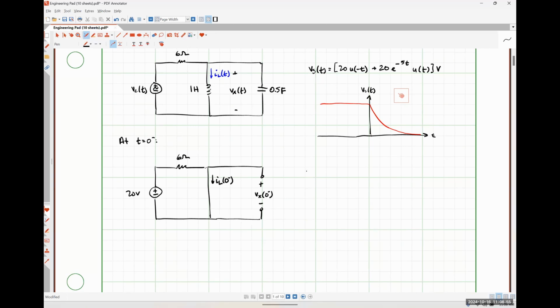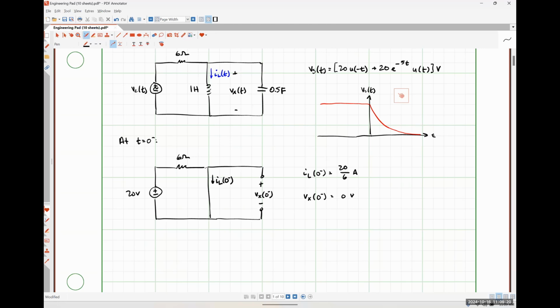So literally by Ohm's law, I can say that IL of 0 minus is 20 over 6 amps, and Vx of 0 minus is 0 volts. Anything particularly wild or crazy about that level of circuit analysis? For what it's worth, I hope not, because you guys are juniors at this point.